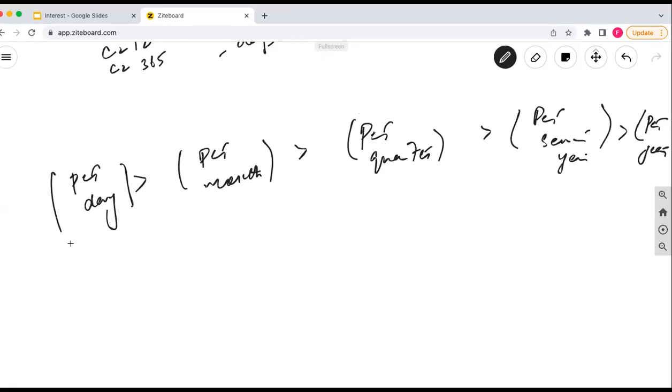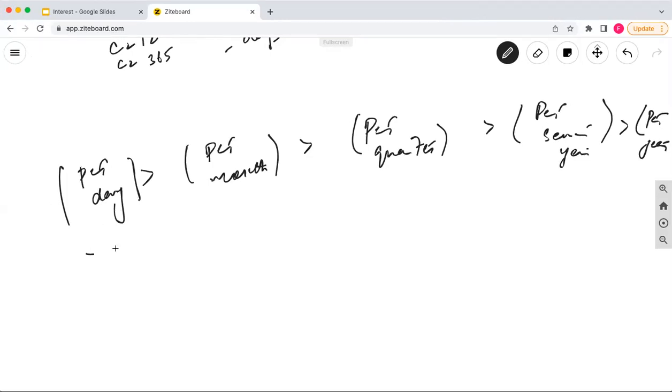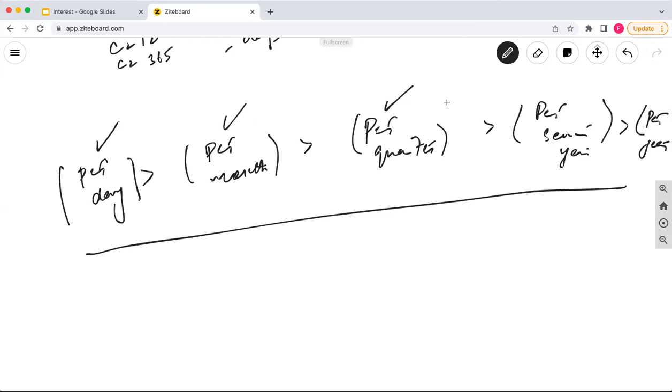Just keep this in mind: as the compounding frequency gets greater, your actual value increases.